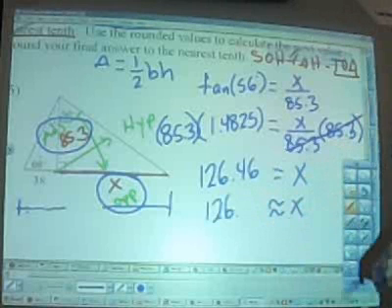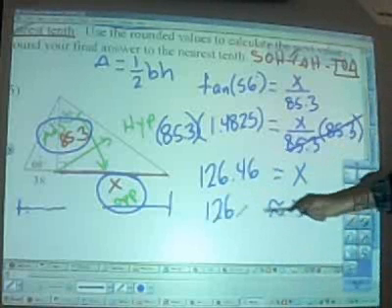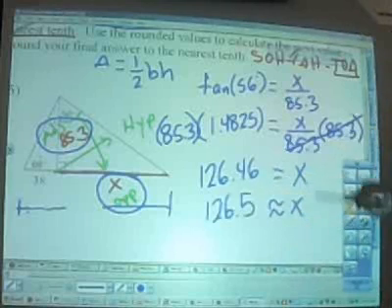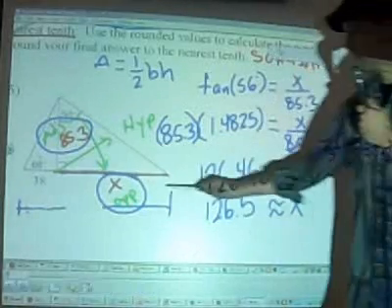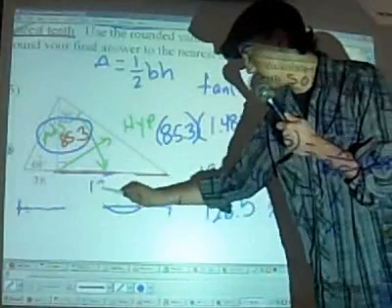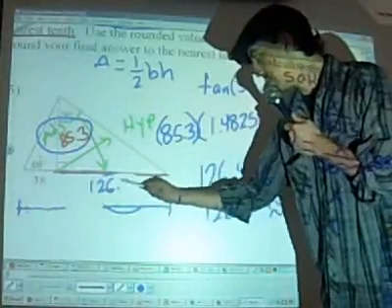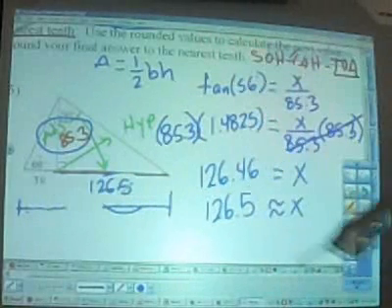Are we going to stay at 126.4 or go up to 5? Yeah, we're going to go up to 126.5. So now that x is this value, all right? That's the length of this side over here. So I'm going to go and put that number right here on the picture, all right? That's the easiest thing to do. 126.5, all right?